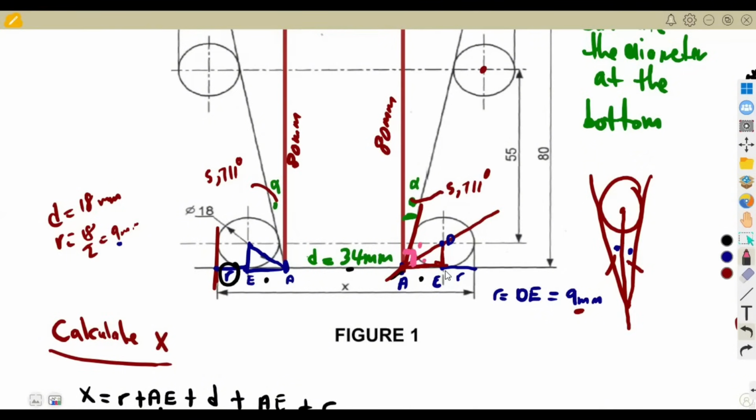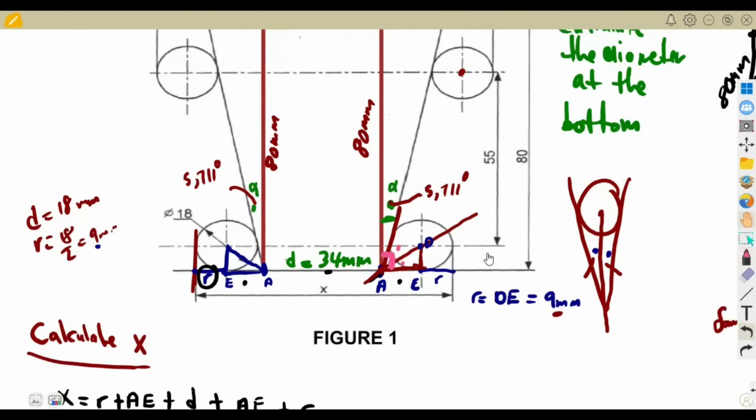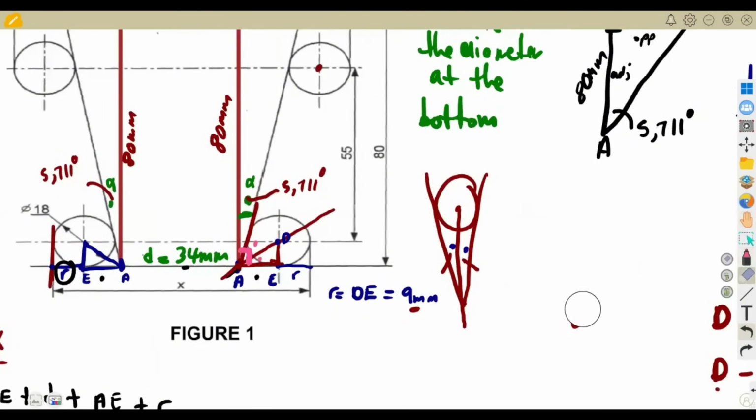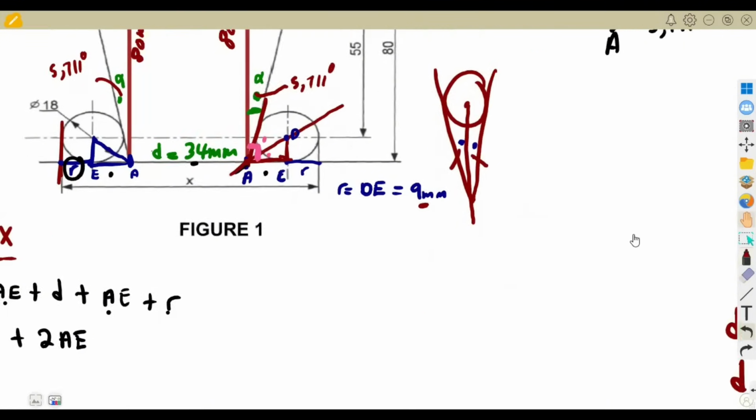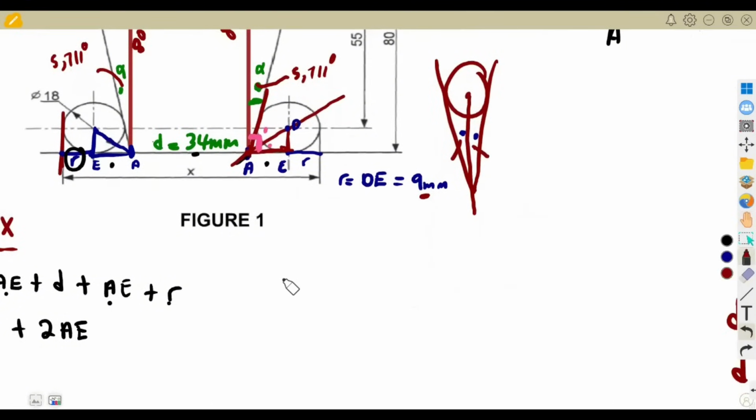We are talking about a horizontal and a vertical line. So this whole angle is 90 degrees. To find the angle that we need inside this triangle, because we want to calculate AE, we are going to use triangle AED.